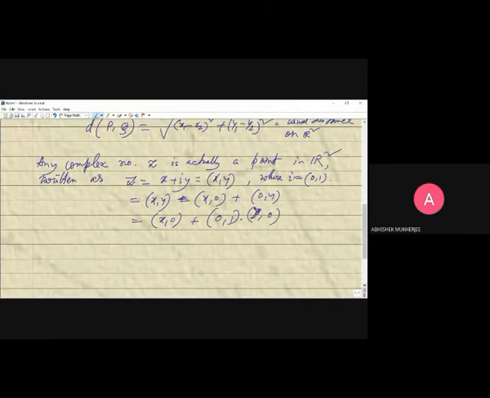Now it is known to you that complex multiplication looks like this: AC minus BD and AD plus BC, right? So this is your complex multiplication, AC minus BD plus i times AD plus BC.